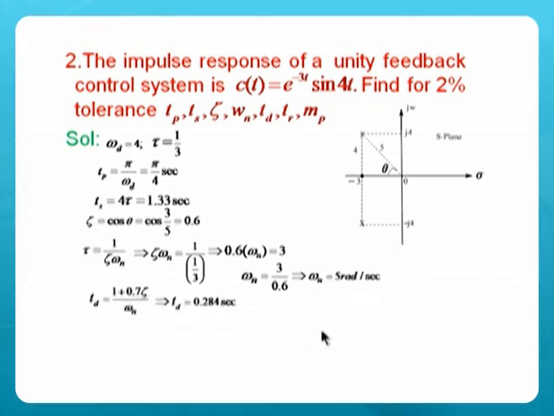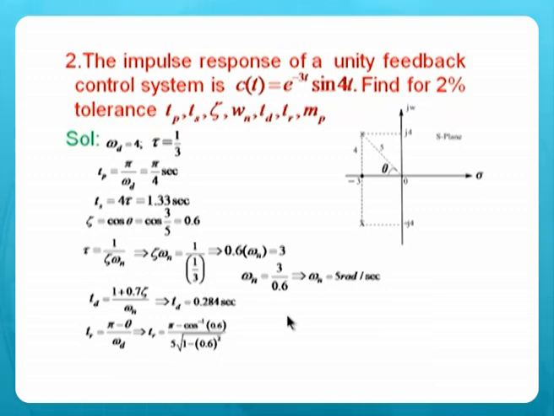Once you get zeta, equal to cos theta from the right angle triangle, and omega n, the undamped natural frequency, from tau equal to 1 by zeta omega n, you can calculate all the time domain specifications. So Td is (1 plus 0.7 zeta) by omega n. With zeta 0.6 and omega n 5 radians per second, the delay time is 0.284 seconds.